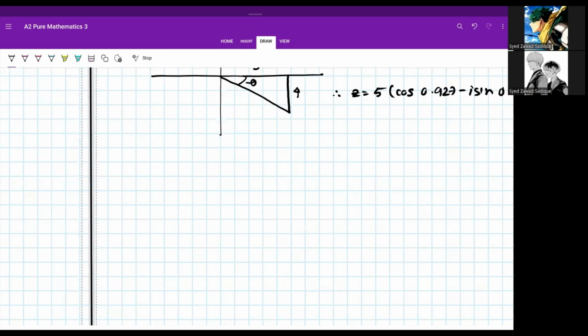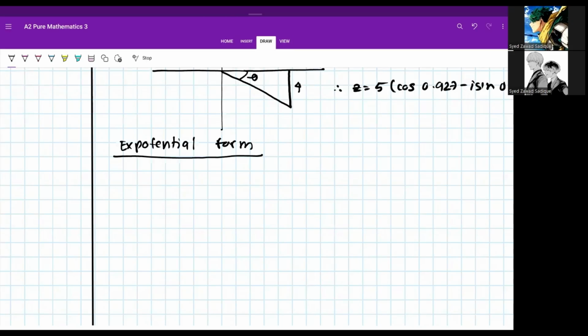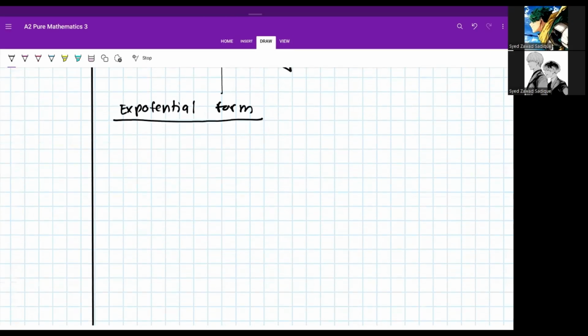Now the modulus argument system can also be written in the exponential form. That is, let's say we have cos theta plus i sin theta. This can be written as e to the power i theta.